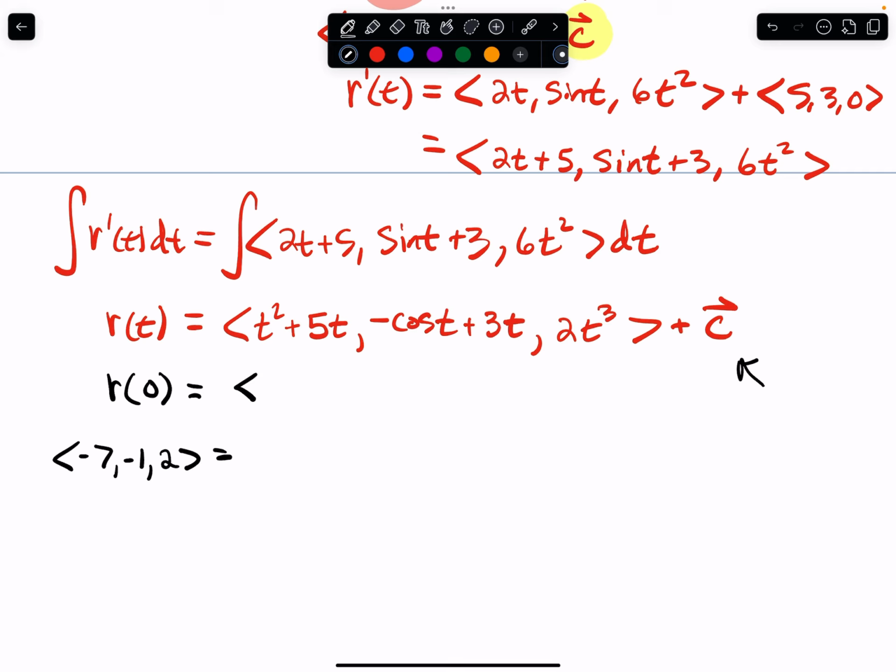Okay, so if I plug in 0, I get 0 plus 0, okay. Cosine of 0 is 1, so that's negative 1 plus 0, and then 0. Okay, plus c. So I have 0, comma, negative 1, comma, 0 plus c.